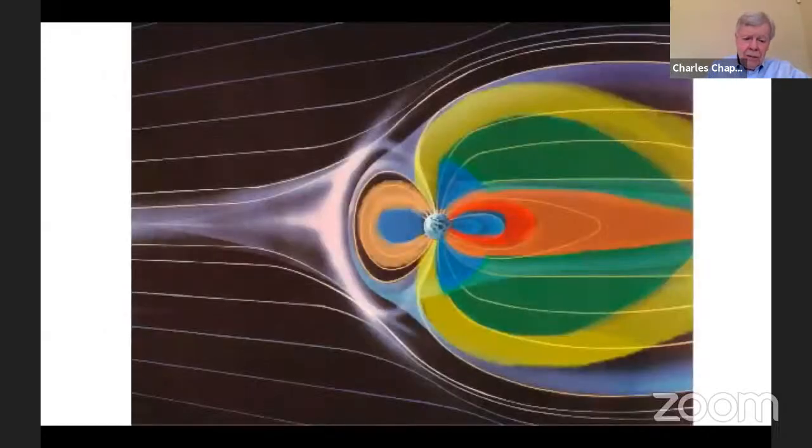Now, I want to get you to think about the magnetosphere in a slightly different way. We think about it in terms of the different regions of plasma that are there. We think about the lobes, we think about the plasma sheet, the ring current, now the warm plasma cloak, the plasmasphere, the radiation belts. We're thinking about regions of plasma.